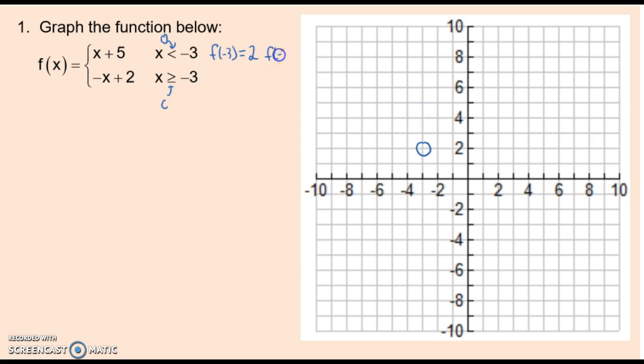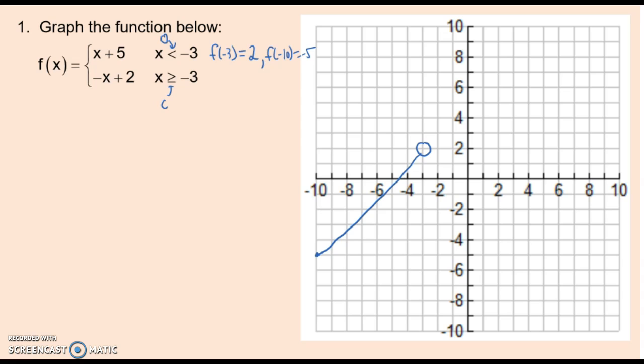So I might find f of negative 10, because that's all the way to the far left of that window. Negative 10 plugged in here plus 5 gives me negative 5. So my point is at negative 10 and negative 5, there we go. And because that graph is going to effectively continue afterwards, I'm going to leave that as a closed circle and connect those two pieces, and I did a pretty good job there.